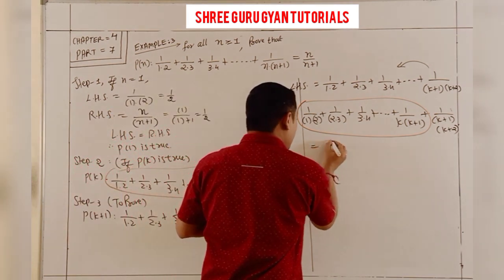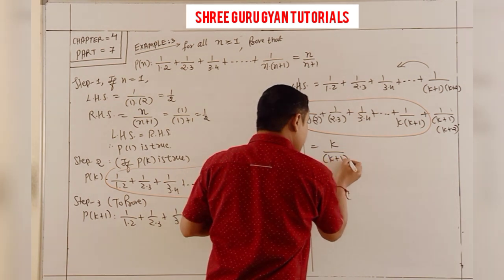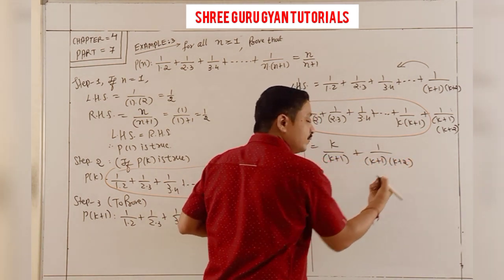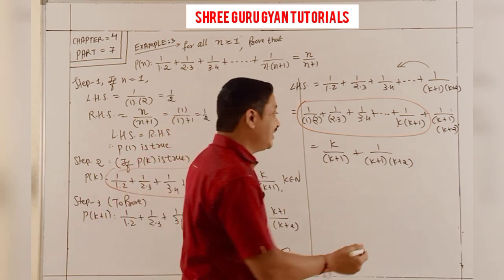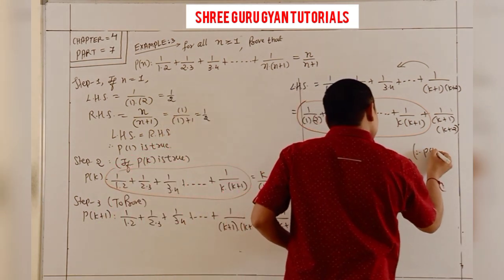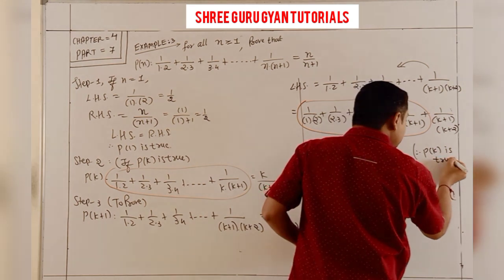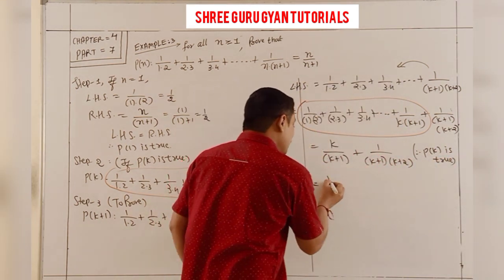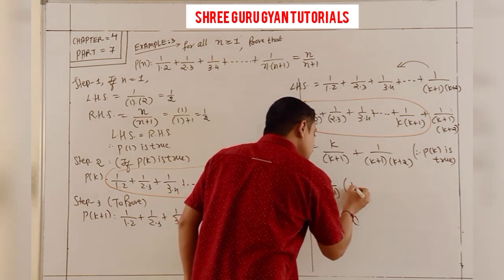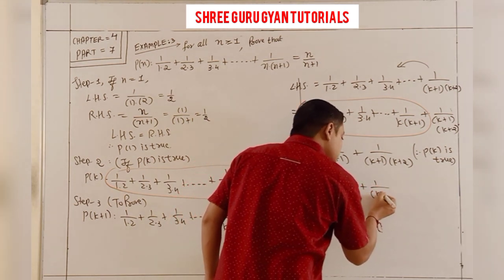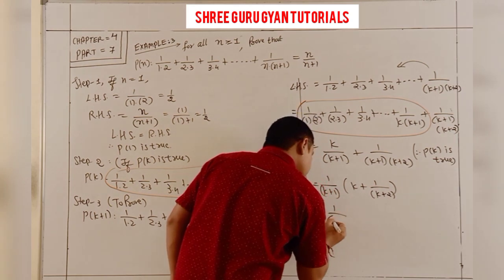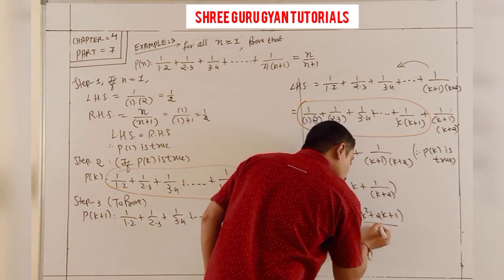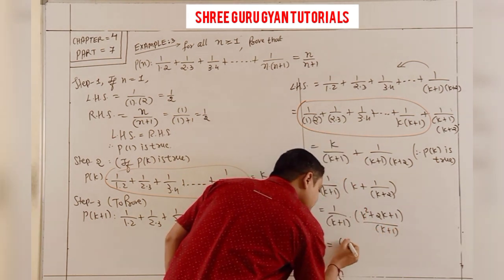It is k upon k plus 1, and here 1 upon k plus 1, k plus 2, written side by side because Pk is true. Now students, only take out the common factor. You have 1 upon k plus 2, and simplify it. You get k square plus 2k plus 1, and that is a perfect square.